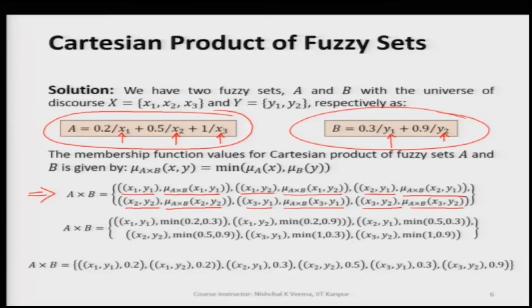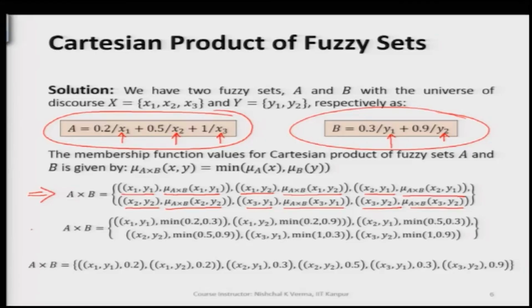Since we have x1, x2, x3 in fuzzy set A and y1, y2 in fuzzy set B, we have 3 elements in fuzzy set A and 2 elements in fuzzy set B. So, we will have a total of 6 elements, that is 3 into 2, in the A cross B set, the Cartesian product of fuzzy set A and fuzzy set B.